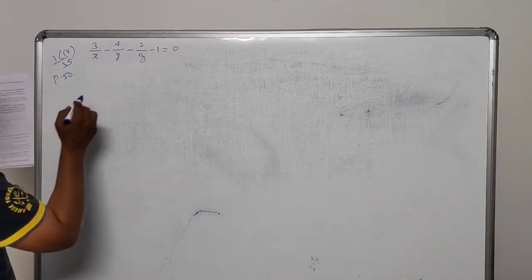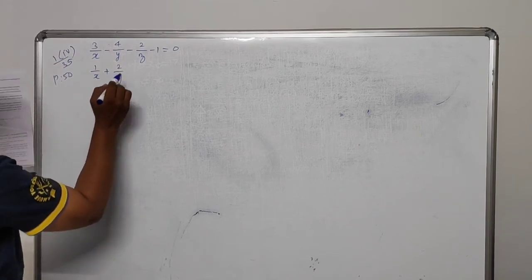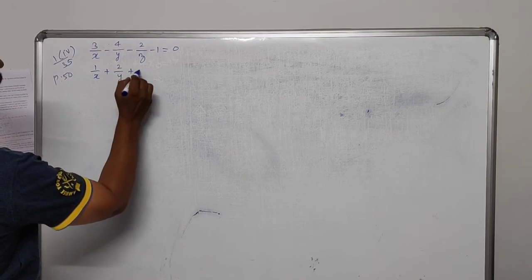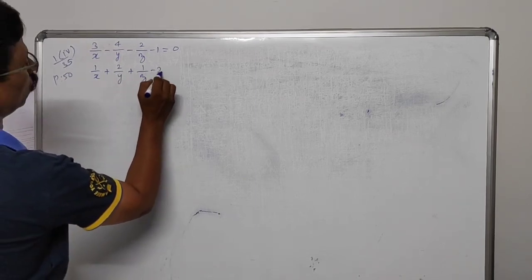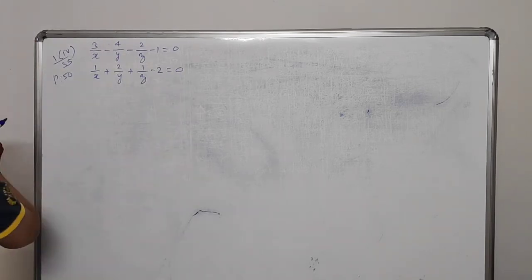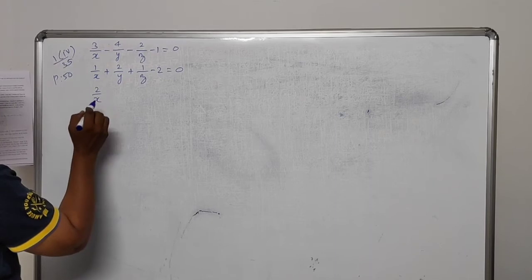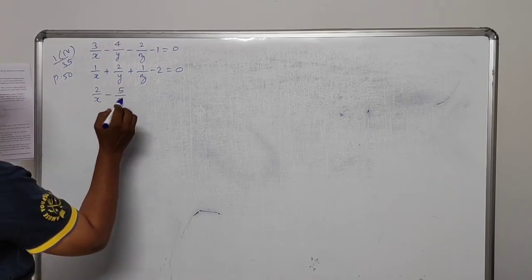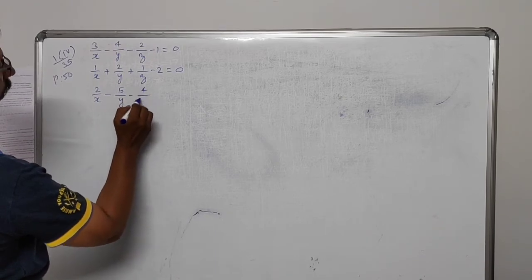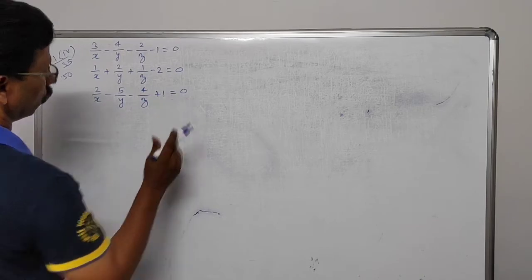The next one, 1 by x plus 2 by y plus 1 by z minus 2 equal to 0. The next one is 2 by x minus 5 by y, and the third term is minus 4 by z plus 1 equal to 0.